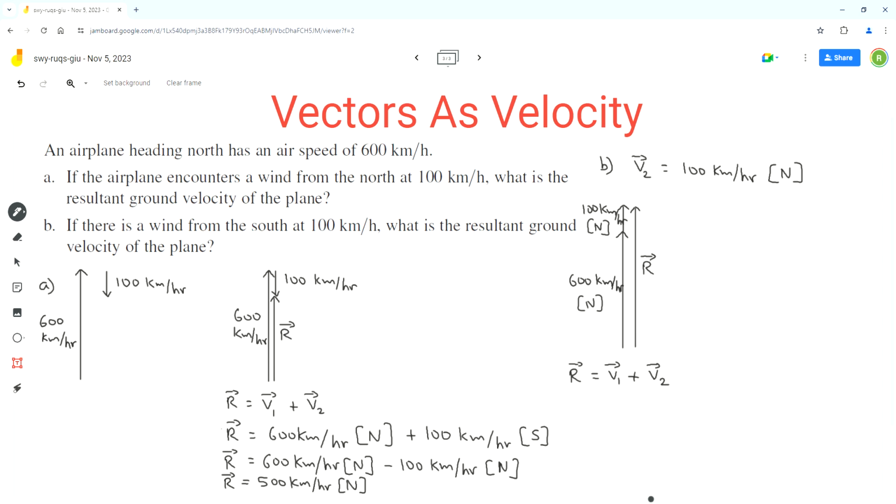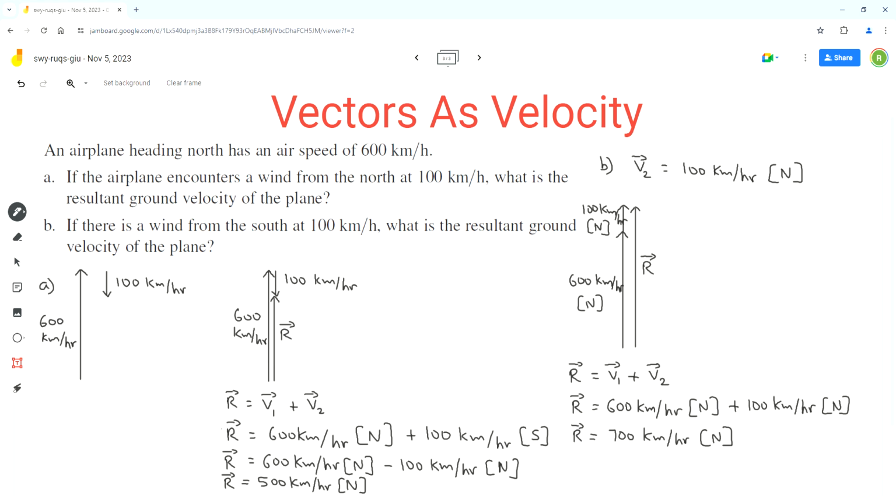So V1 is for the airplane and V2 is for the wind. Since these vectors have the same direction, we can add them algebraically, and the direction will be north.